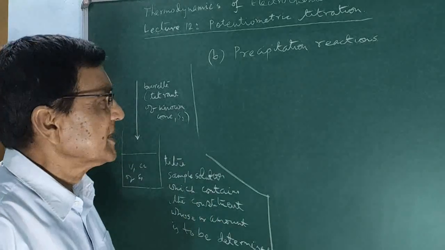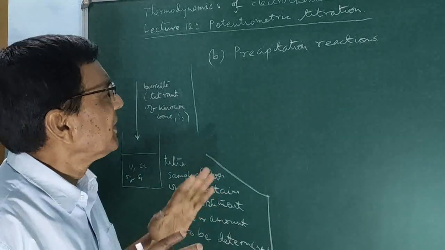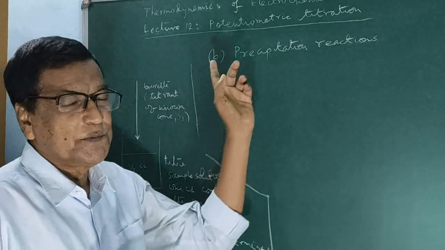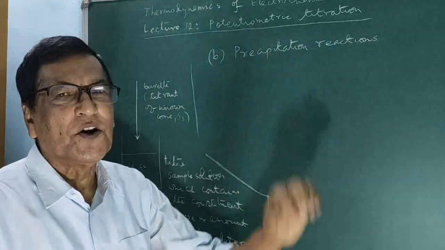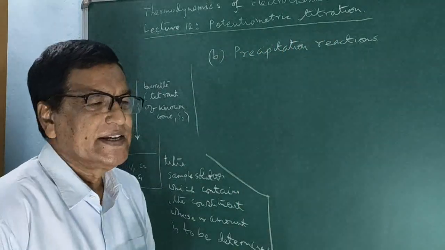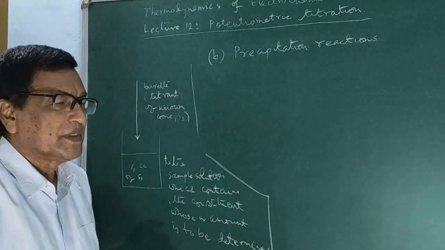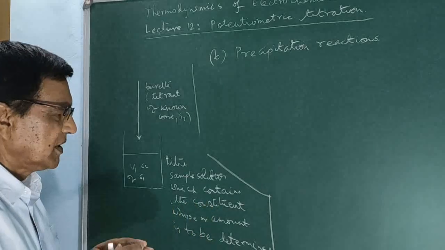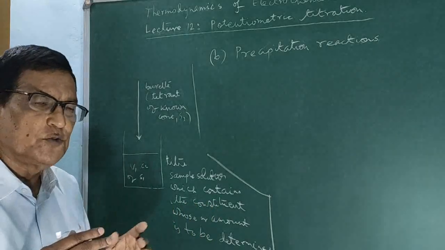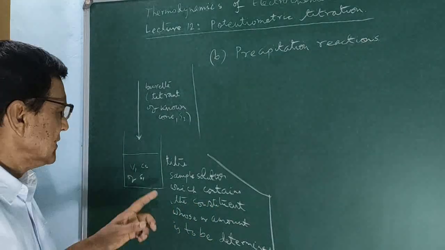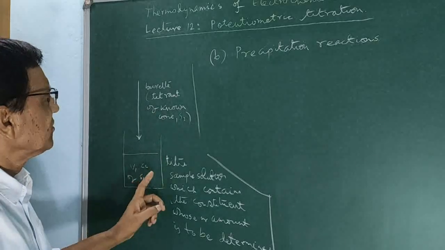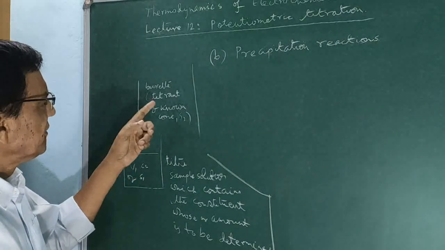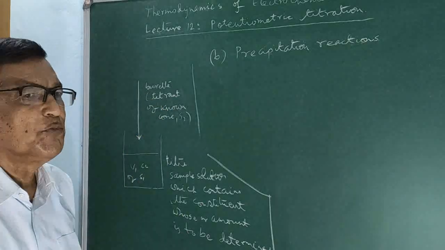Now I shall discuss the second type of potentiometric titrations, depending on precipitation reactions. Here the constituent ion whose value is to be determined is removed by precipitation with a reagent taken in a burette.